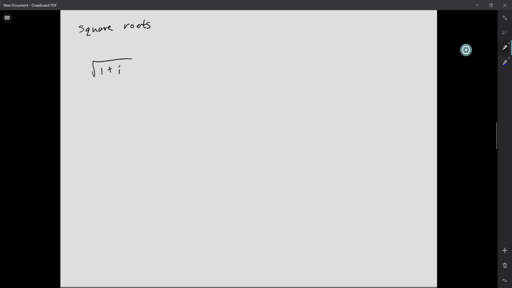And we're stuck already. All we can really do is say that this is equal to something which has been squared, right? So we're saying that a plus bi, if I square it, will be equal to 1 plus i. And that's really the best we can manage for this.